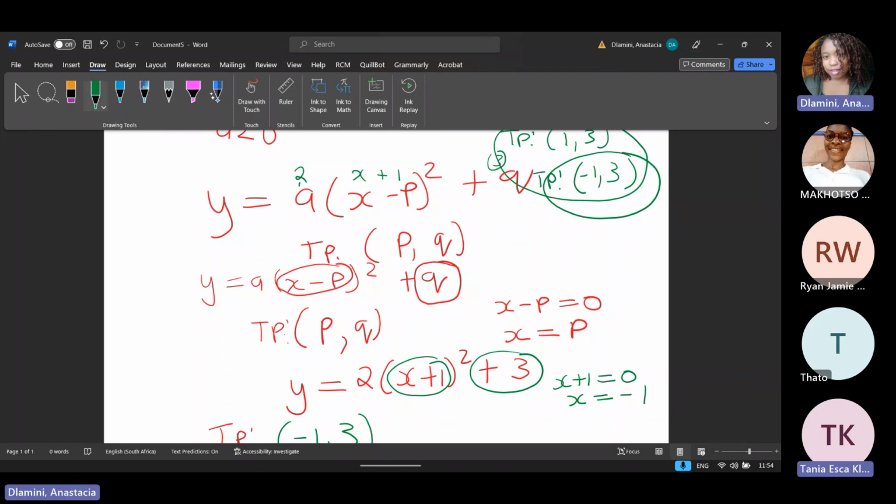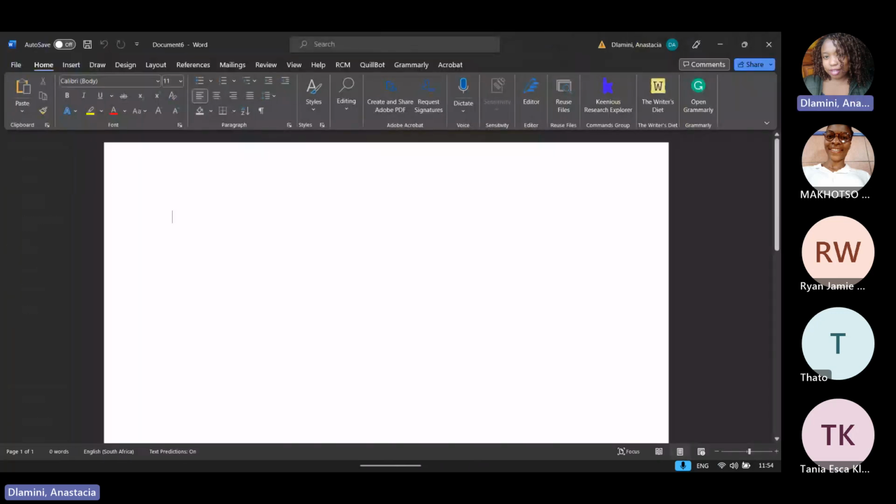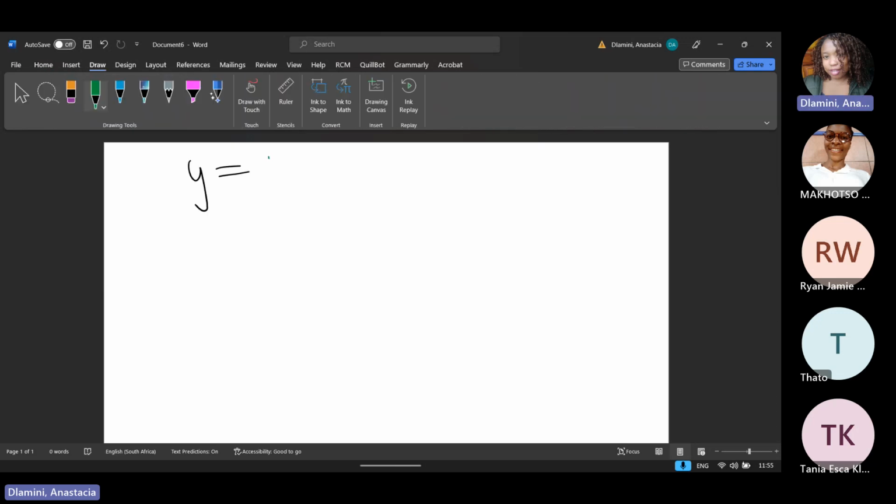Yes. So let's look at just one example. Remember, I can give you a graph and say, find the coordinates of a turning point. I give you this one: y equals minus 2(x minus 7) squared minus 4.